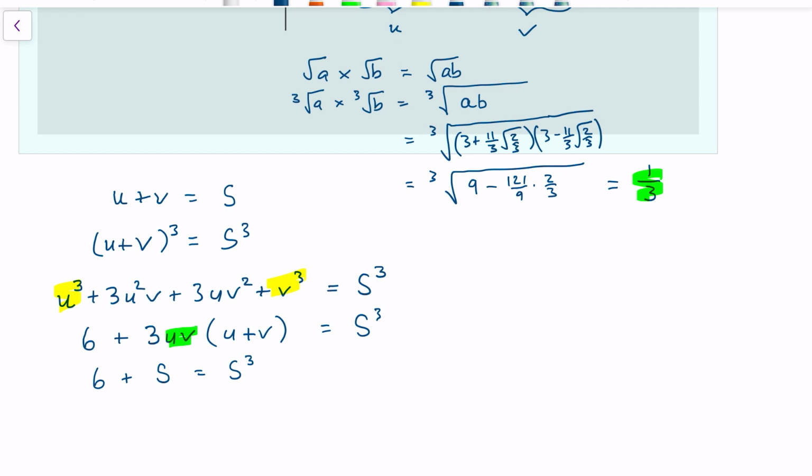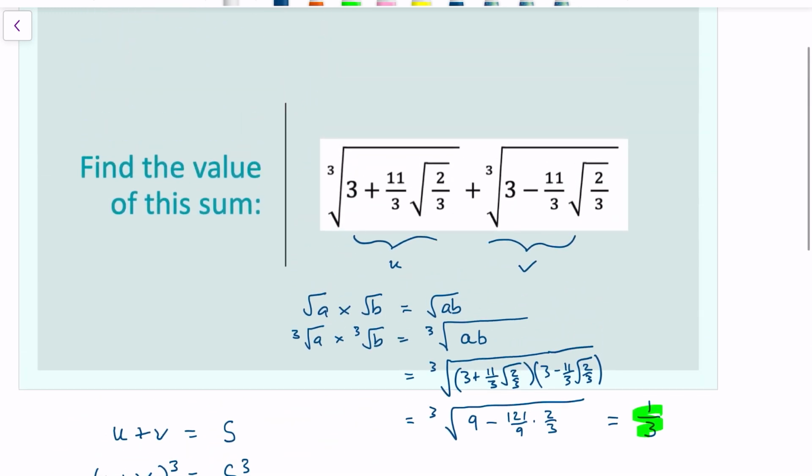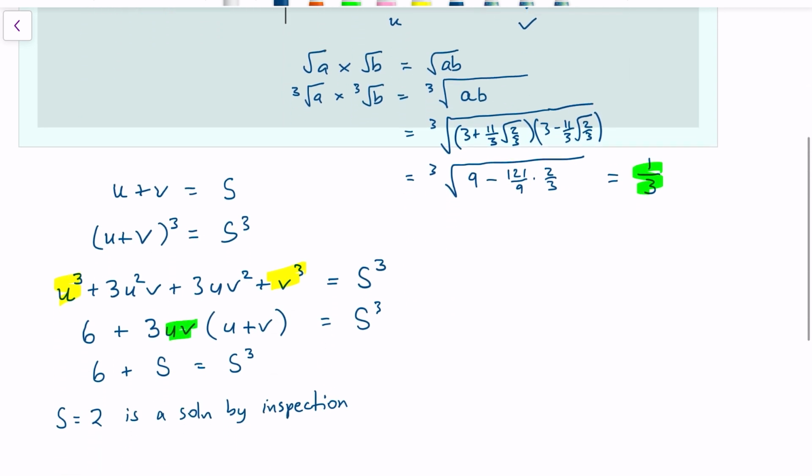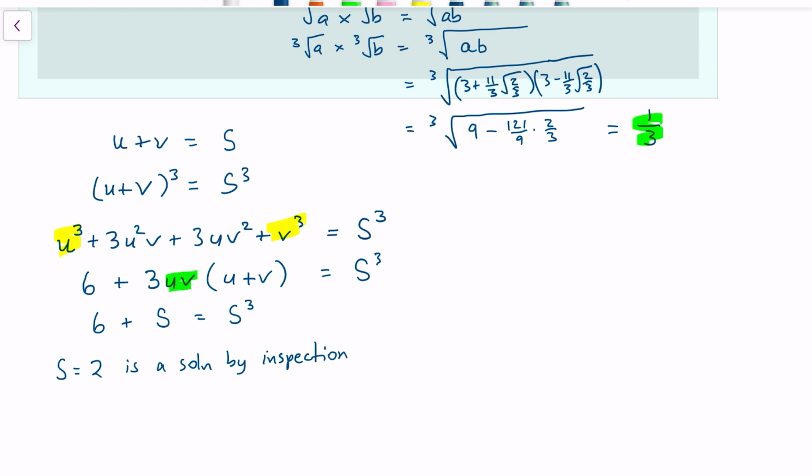So we already know the answer is s equals 2 because we cheated on the calculator earlier, so we can verify that s equals 2 is a solution by inspection. And we just need to explain why there aren't any others. Now, of course, if we're finding the value of something, it is only going to have one answer to it. It's not like there are any pluses or minuses in front of the surds.